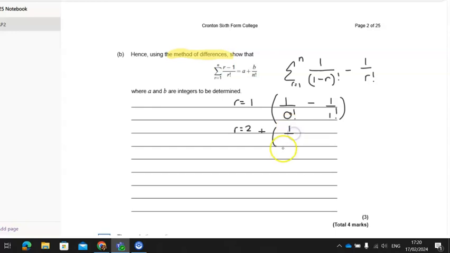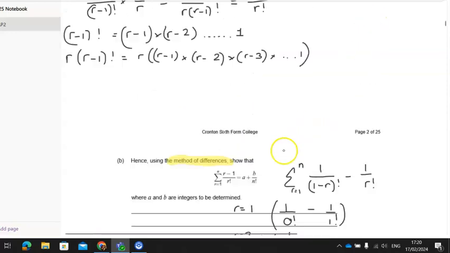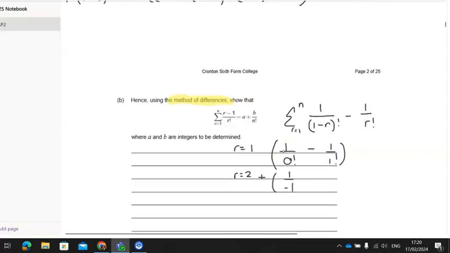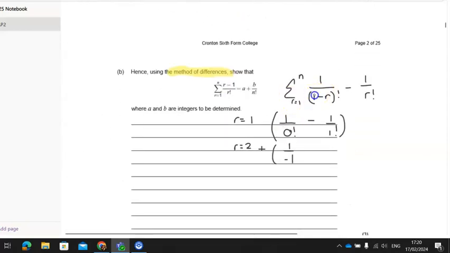Have I written this right? It's r minus 1, not 1 minus r. Didn't think that looked right. Sorry, r minus 1 there. So that gives us 1 over 1 factorial minus 1 over 2 factorial.